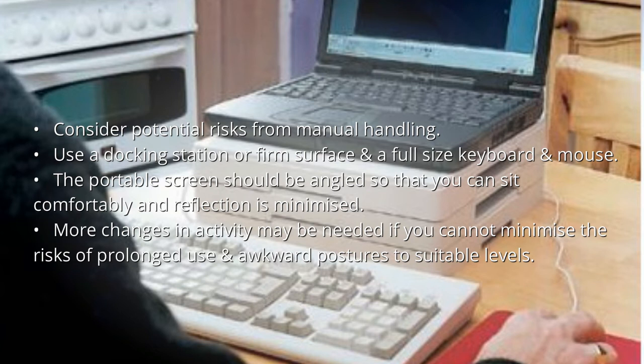The height and position of the portable screen should be angled so that you sit comfortably and reflection is minimised. Note that razor blocks are commonly used to help with screen height. More changes in activity may be needed if you cannot minimise the risks of prolonged use and awkward postures to suitable levels.